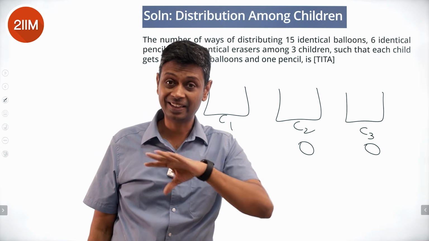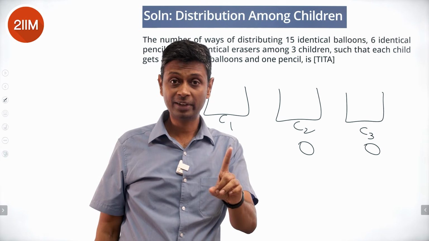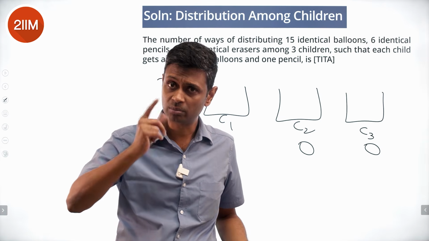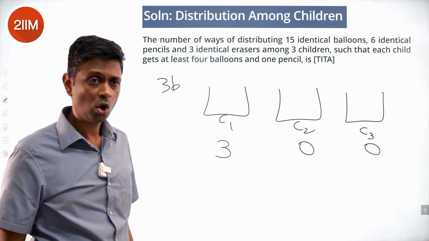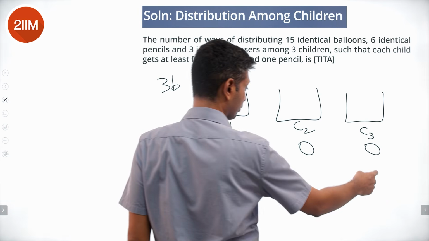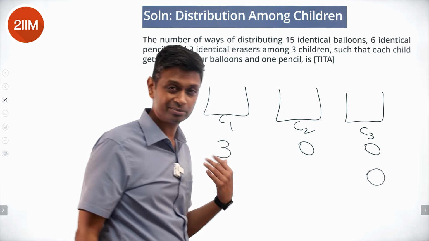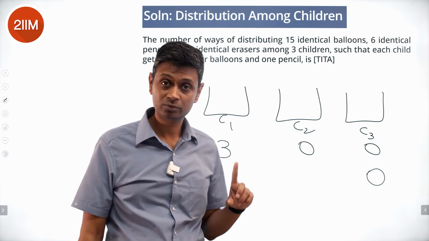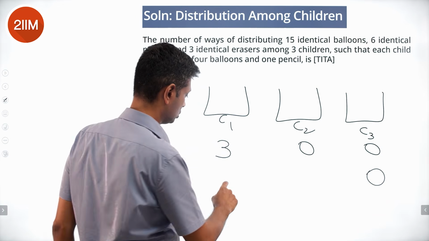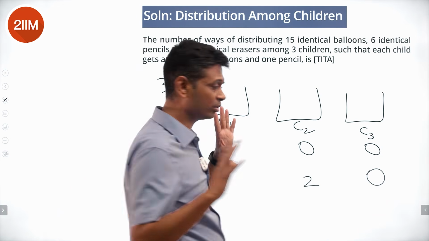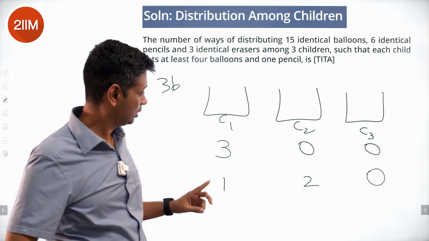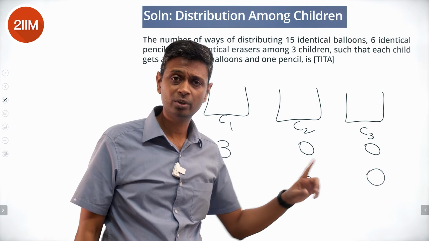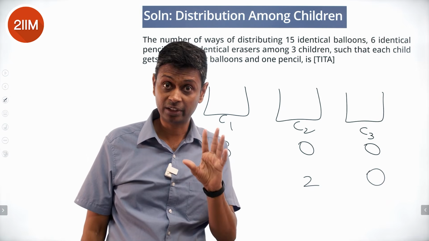Two of the children get nothing, one gets all 3. Now, only one child gets nothing, the other 2 get something. So it will be 1 and 2, no other possibility. So this could be 1, 2, 0, 1, 0, 2, 2, 0, 1, 2, 1, 0, and so on.